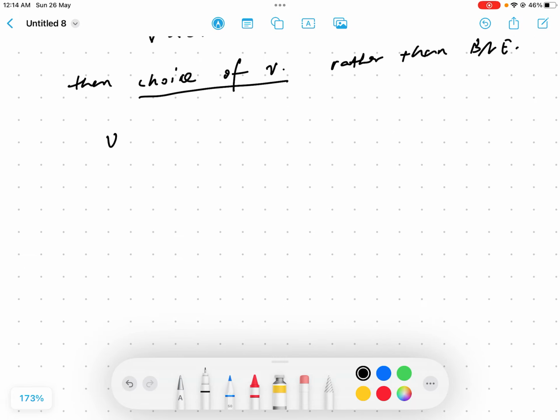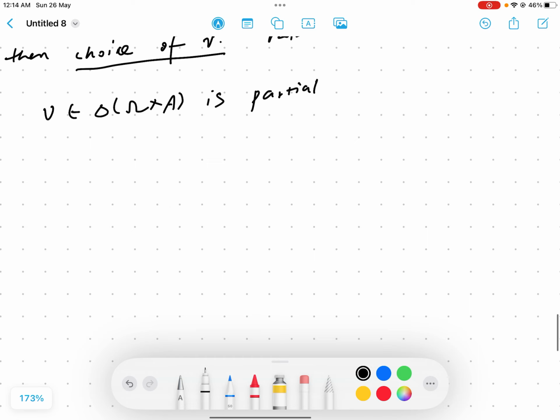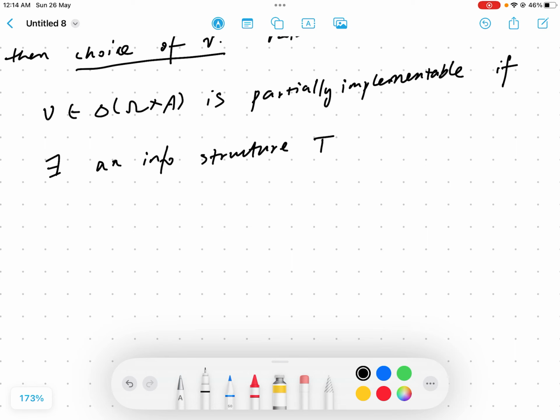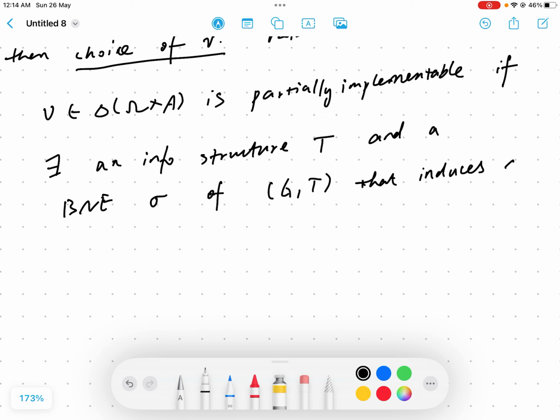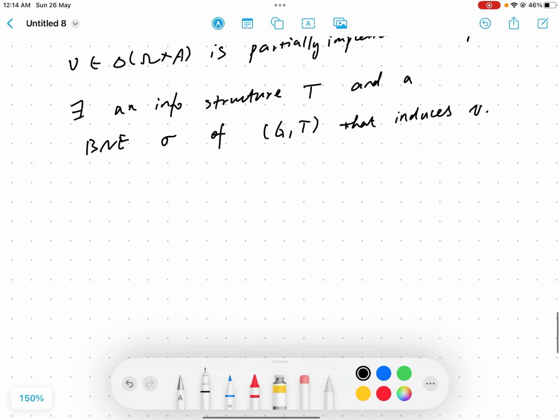More rigorously, this V is what we call partially implementable if there exists an information structure T and a BNE sigma of this G and T that induces this V. Then this is called partially implementable. So that's just a definition for that.